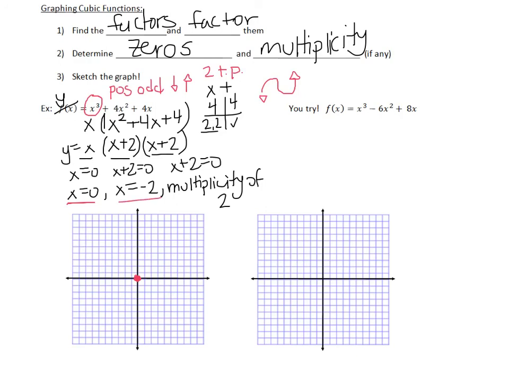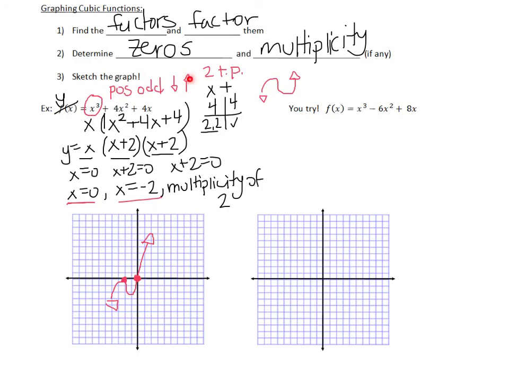But at -2, which is over here, I'm just going to bounce off of it. So I'm going to touch it, but I'm not going to go through it. So since I have to start down, my graph, I'm going to go up, I'm going to touch the 0, turn around, and then go back through this one. So there's my sketch. No, it's not beautiful.